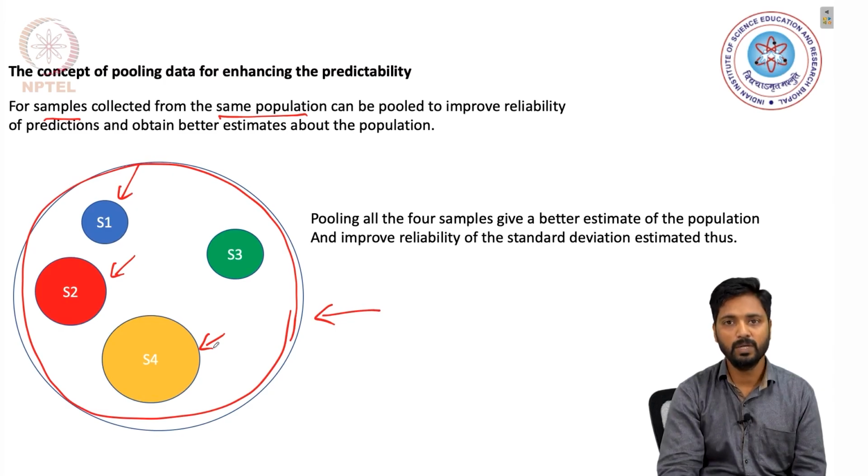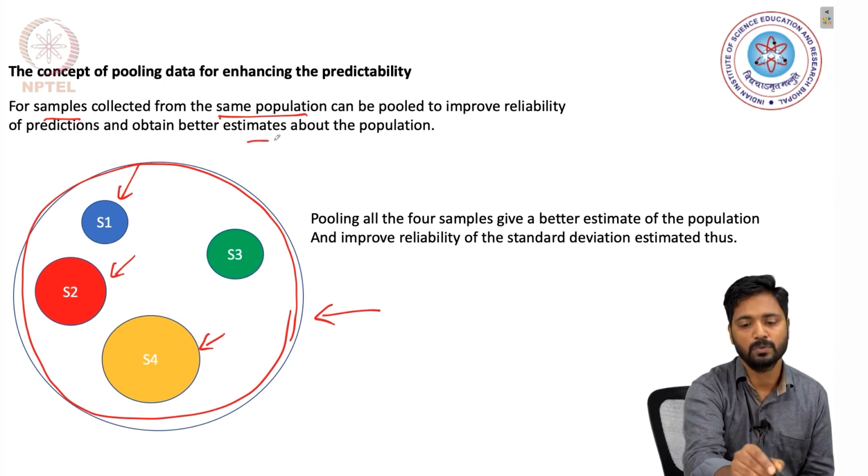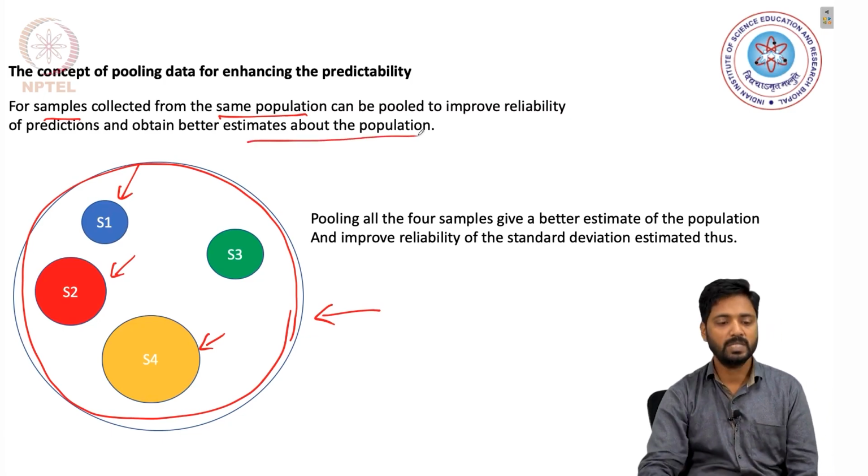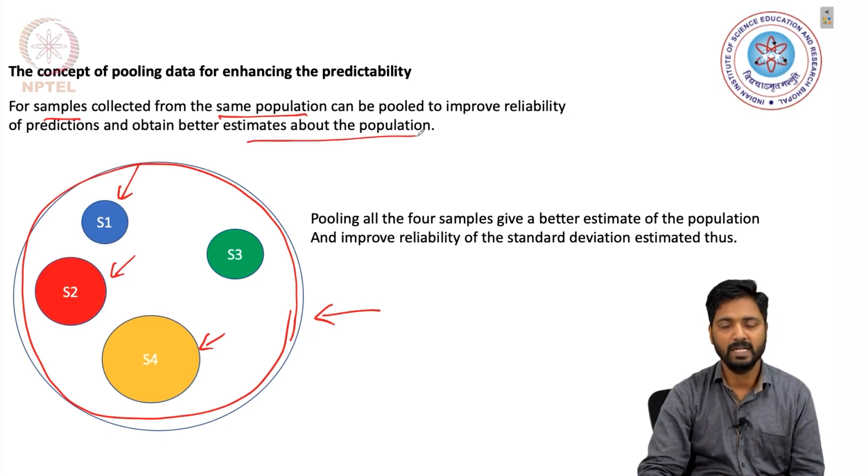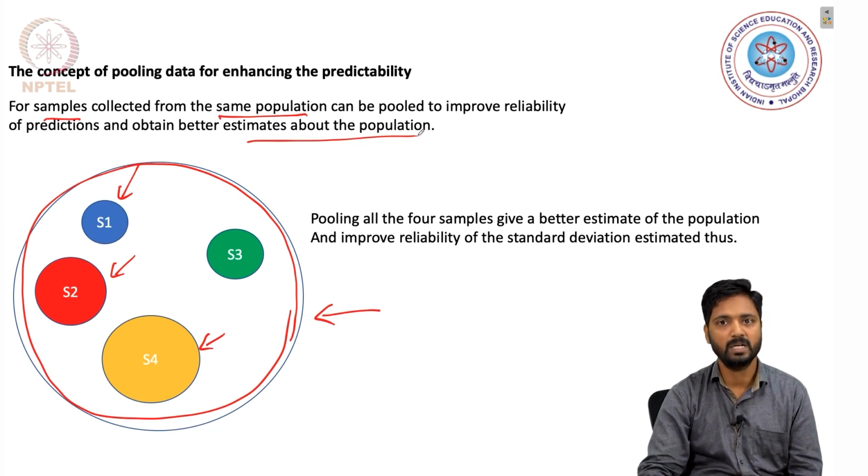So how do we pool all of this data to get a better estimate about the population? This data can be collected at different time points, and it can be collected by different people. This makes it easier for us to collect a larger amount of data by distributing our resources.